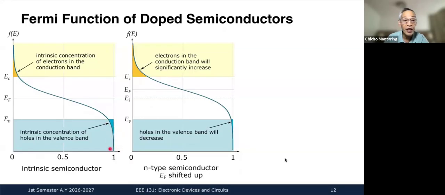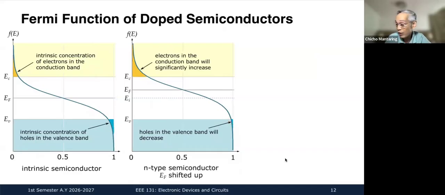When this curve shifted up, ano nangyari sa holes? Umunti. Di ba? Now my holes will be less than Ni. What happened to my electrons? This curve shifted up. Uy, dami na ngayon, ano? Because now I have a bigger number of electrons whose probability that it is in this particular space is greater than 1. No? So ito ngayon yung majority carriers ko. Ito ngayon yung minority carriers ko. No? Itong nasa baba. This is now my minority carriers.